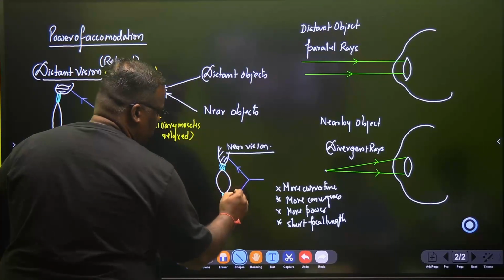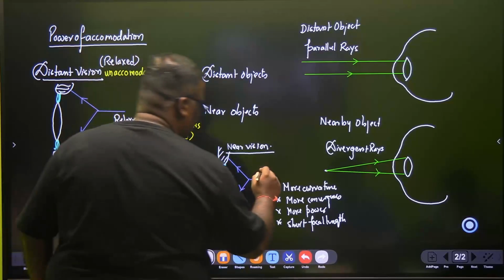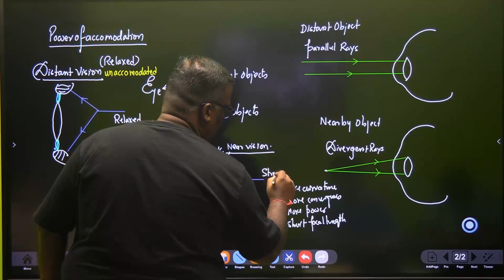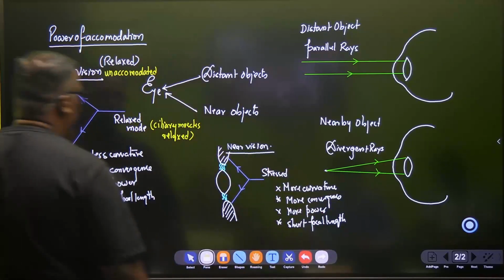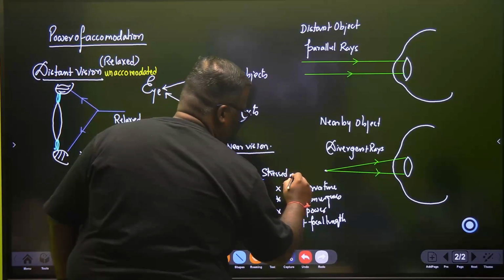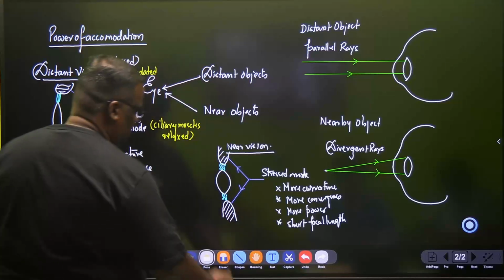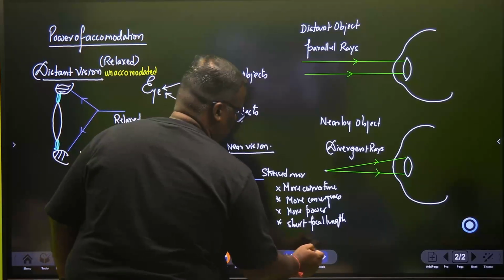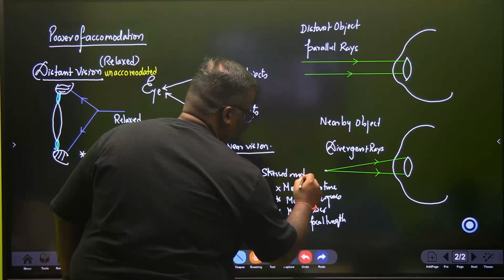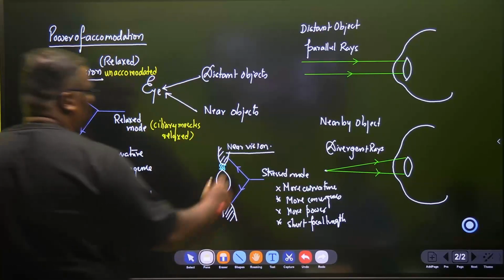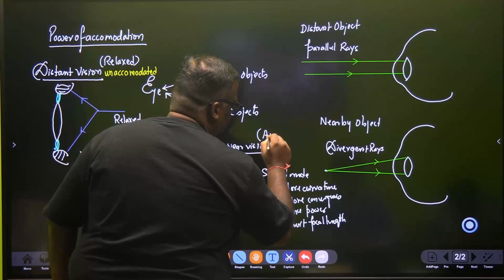Both the ciliary muscles are in stressed mode, and that's why this is called accommodated.